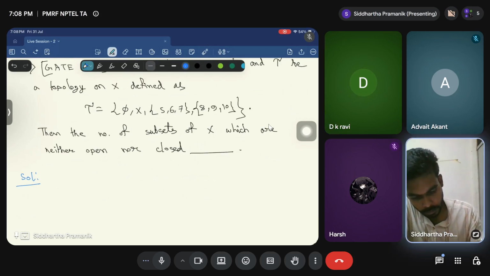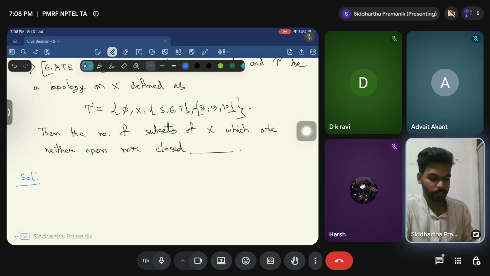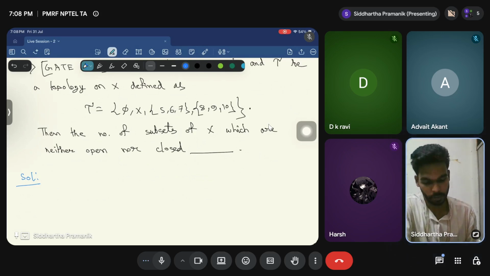Okay. So basically what we are doing is, what they have asked to count, we'll count exactly the opposite thing.